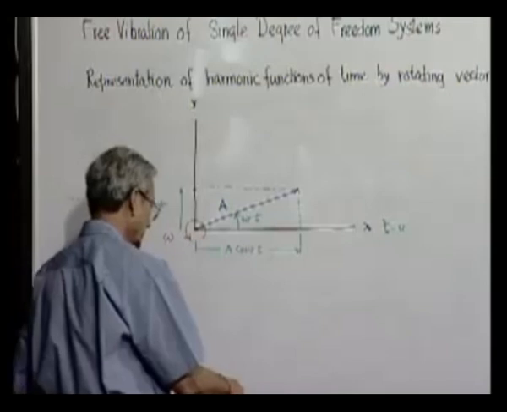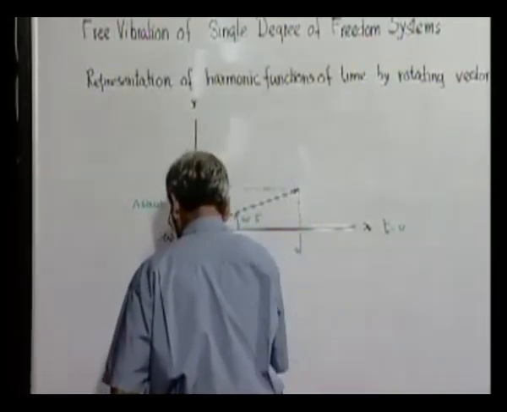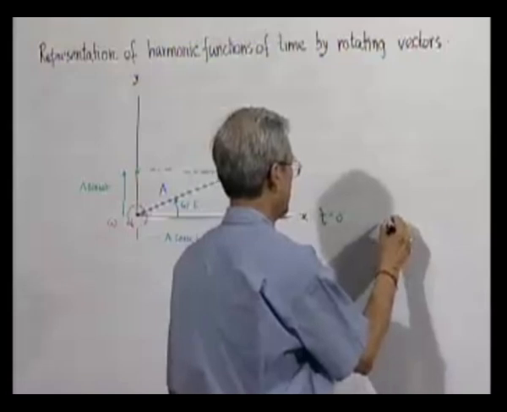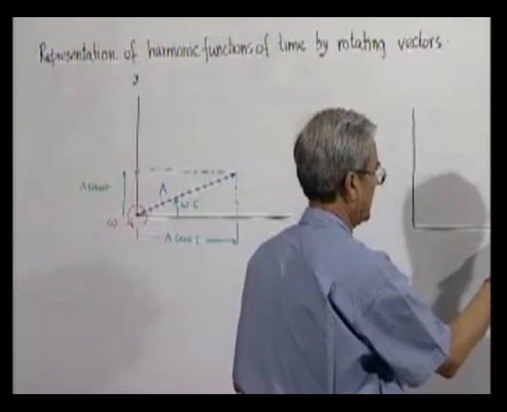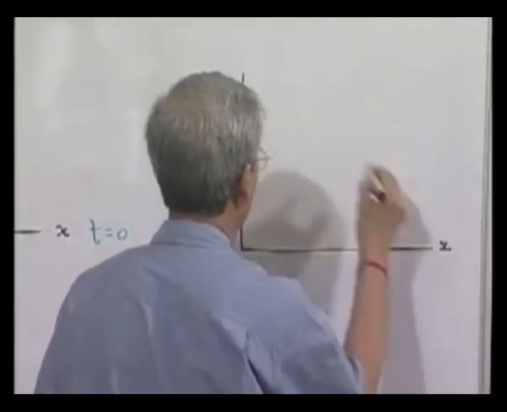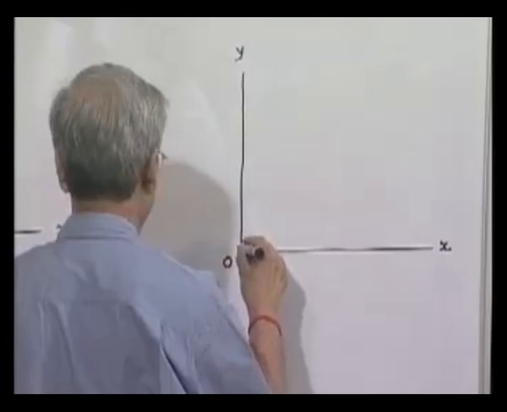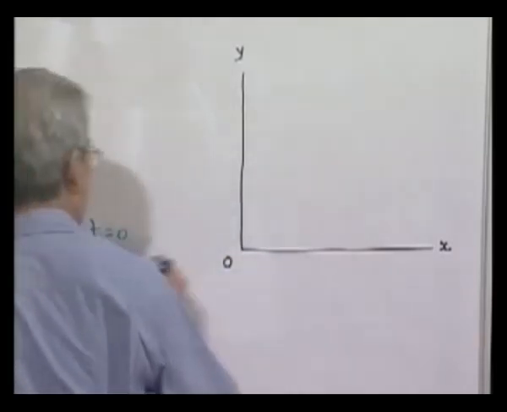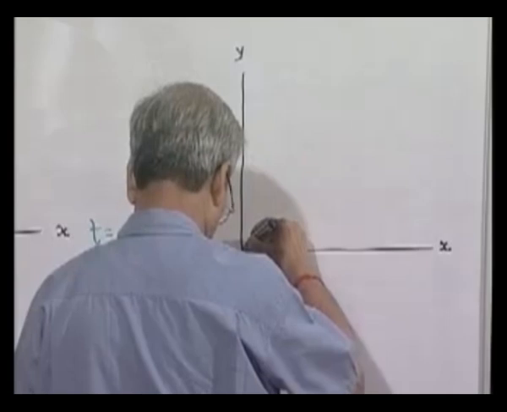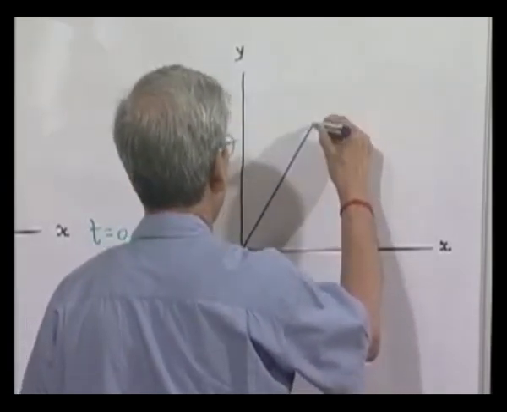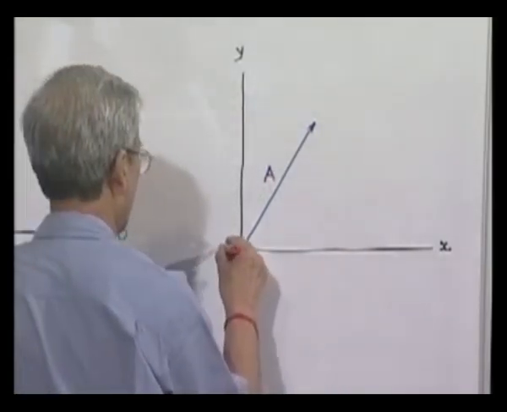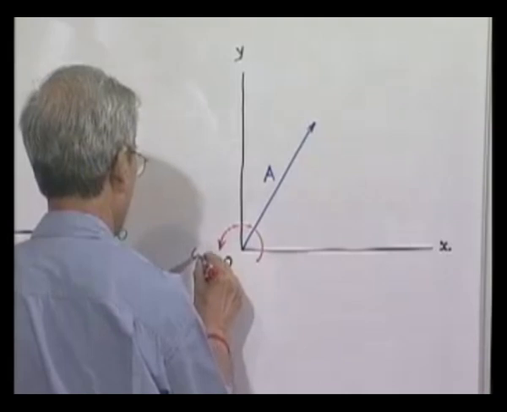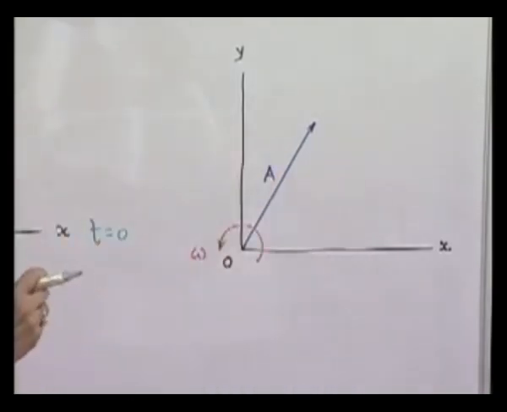So, the same thing you can do in a more general way. So, let us consider this be the vector of magnitude A and rotating at a constant angular speed of omega.